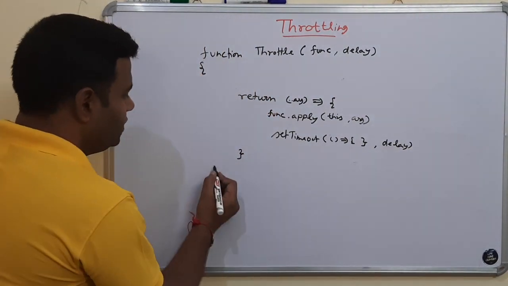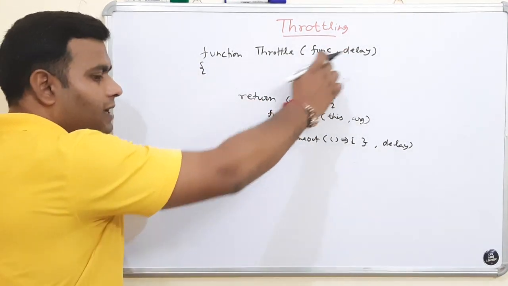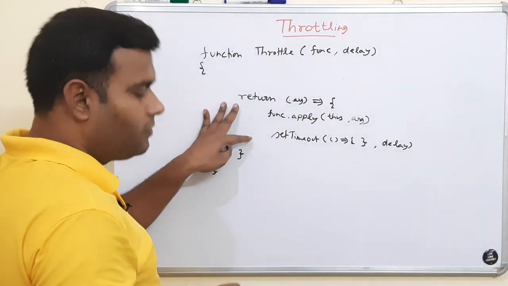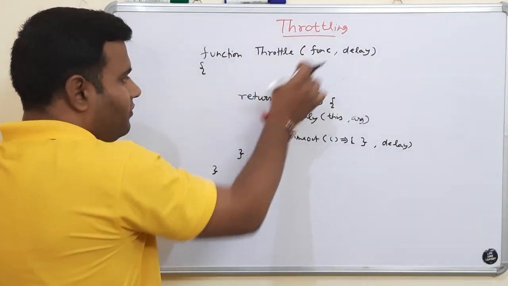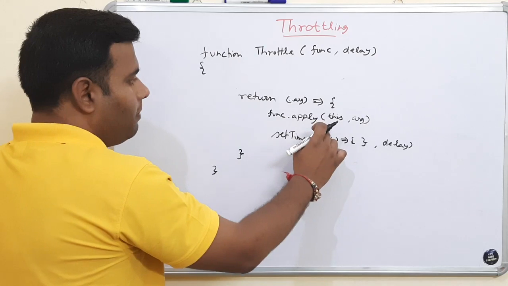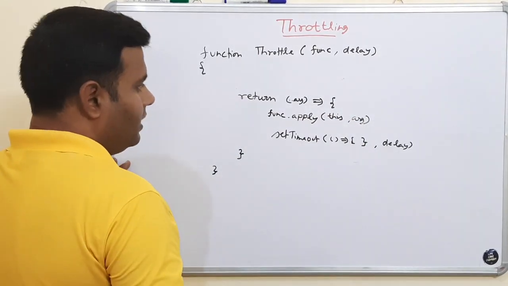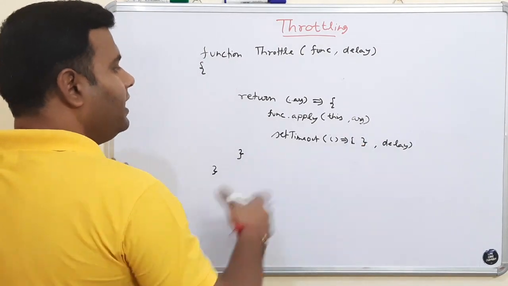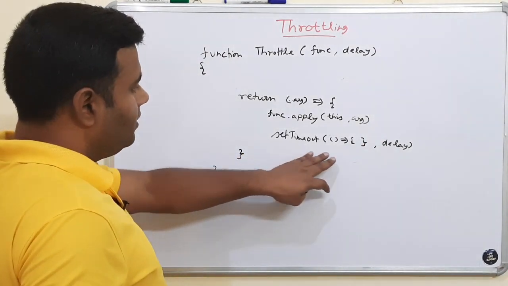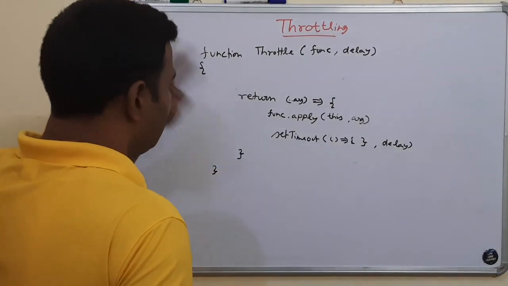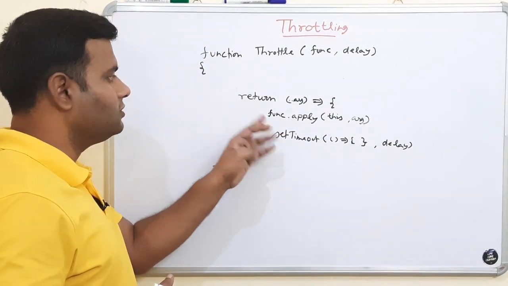So what this function is doing basically: we are taking a function as an argument and a delay, and then we are returning a function which is taking some arguments. We are applying those arguments to the given function with function dot apply, binding the context and arguments, and then we are waiting for this much time, and we are not running any logic, but it will just return, right? But let's say if someone calls this function again, then it will be called, right? We are not actually waiting.